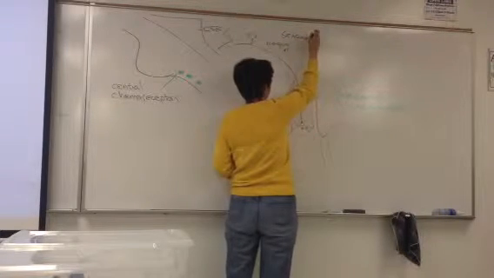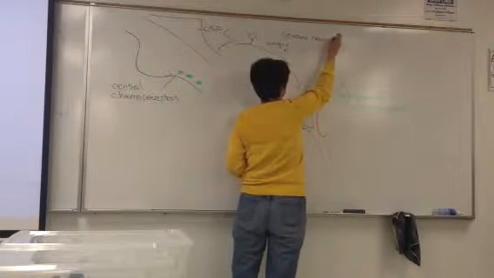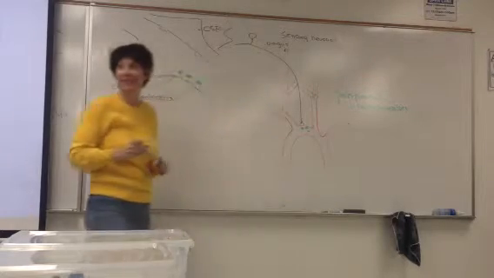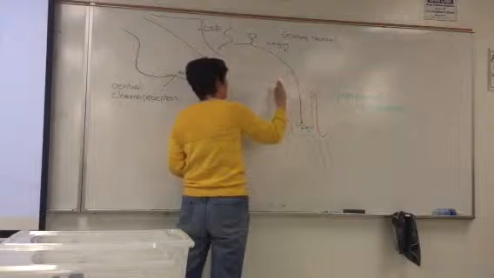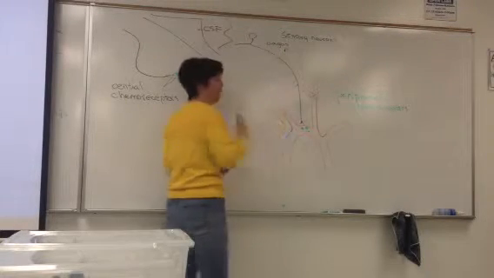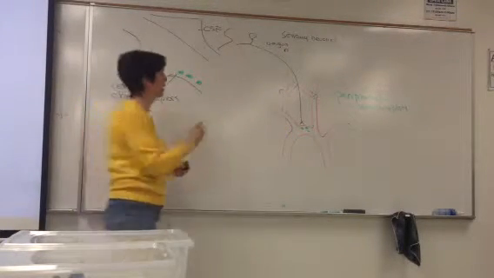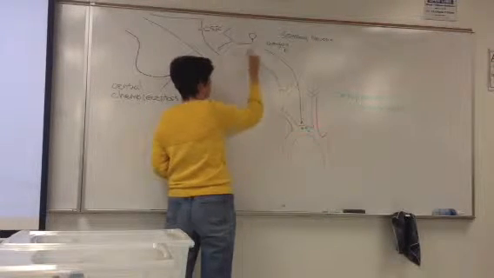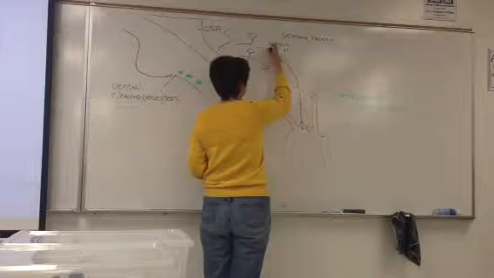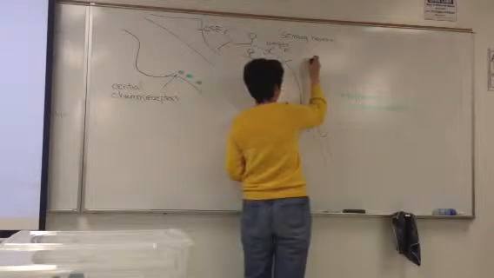That would be the equivalent of the dorsal root ganglia. And peripheral chemoreceptors in the carotid sinus are going to activate sensory neurons of the glossopharyngeal nerve.